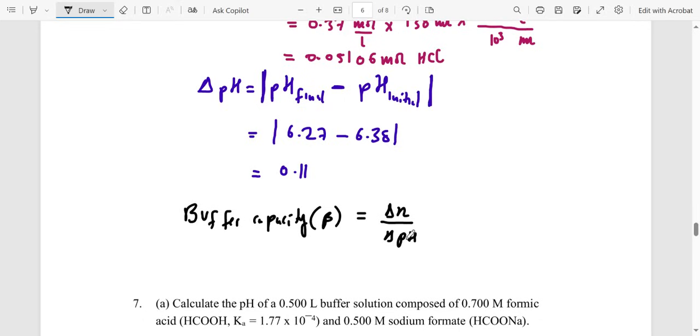The change in the number of moles is the moles of acid or base that were added, and then you divide by the change in pH. So the moles of acid which were added is 0.05106 divided by the change in pH, which is 0.11, and this is going to give us 0.464. That is our buffer capacity.